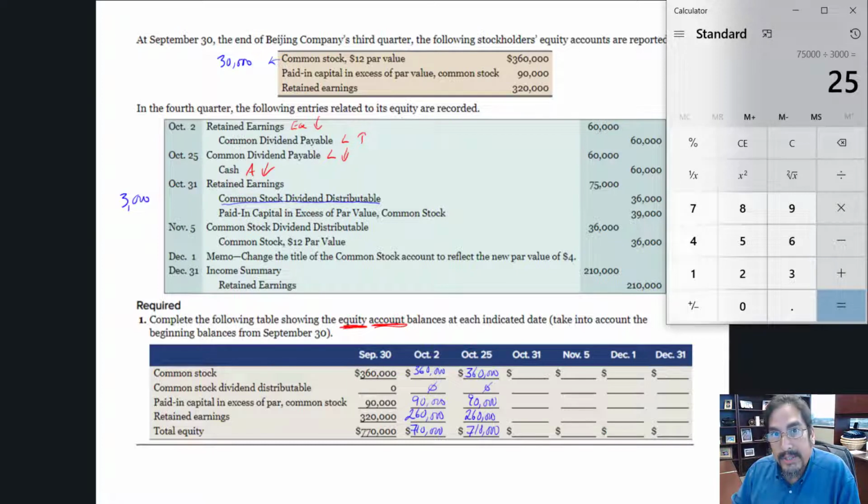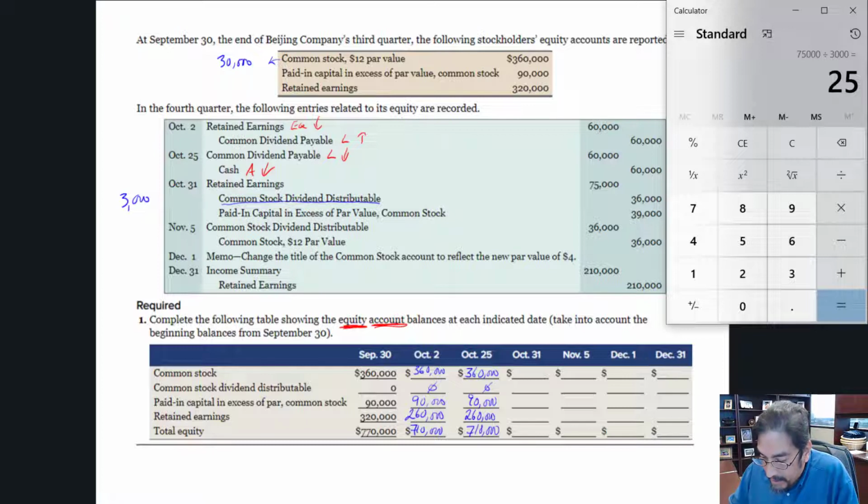So 3,000 shares, it's a 10%. 10% of 30,000 is 3,000 shares. 3,000 shares times market value of $25 a share is where the $75,000 dividend amount came from that we're hitting retained earnings for on October 31st. We only hit the common stock for par value times the number of shares.